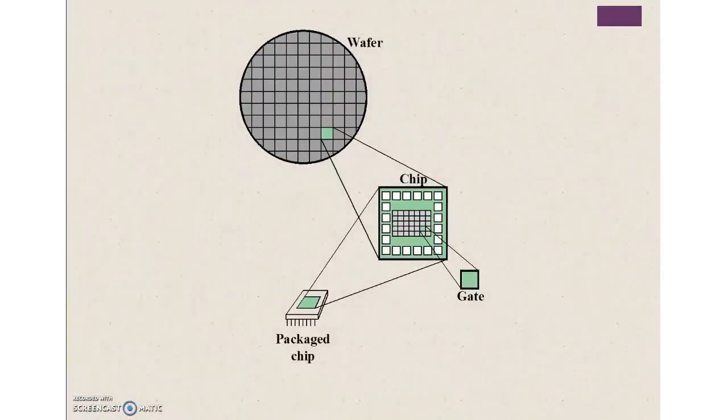This figure depicts the key concept in an integrated circuit. A thin wafer of silicon is divided into a matrix of small areas, each a few millimeters square. The identical circuit pattern is fabricated in each area, and the wafer is broken up into chips.